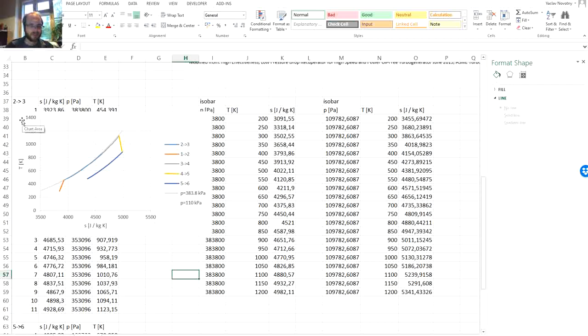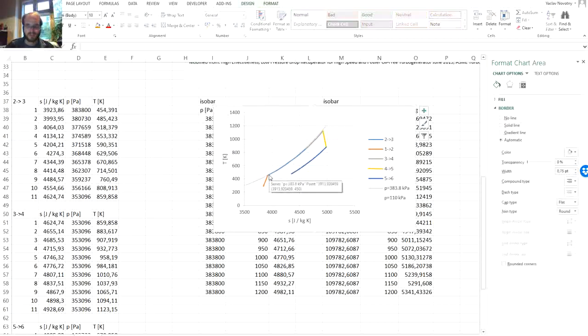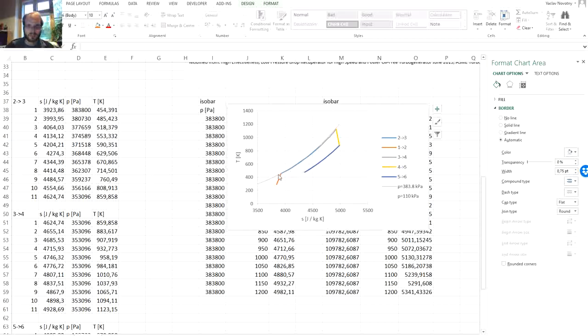Okay, so now we have the TS diagram. Let's also draw a QT, the heat temperature diagram of our heat exchanger. We can use the same principle as we had for the TS diagram. We just get the values between the nodes element by element.